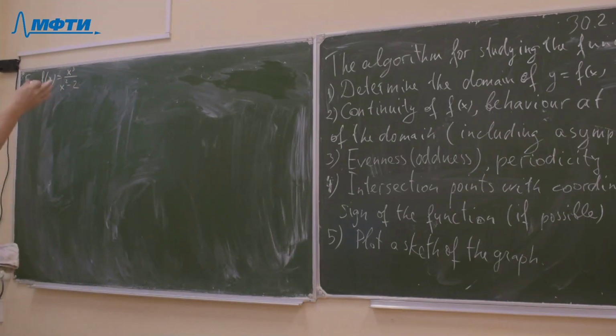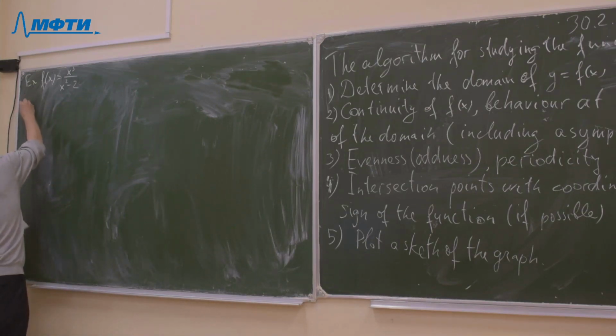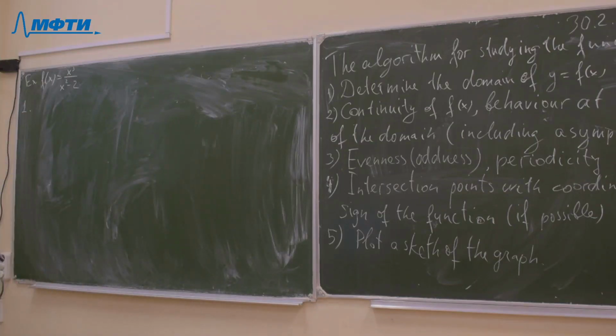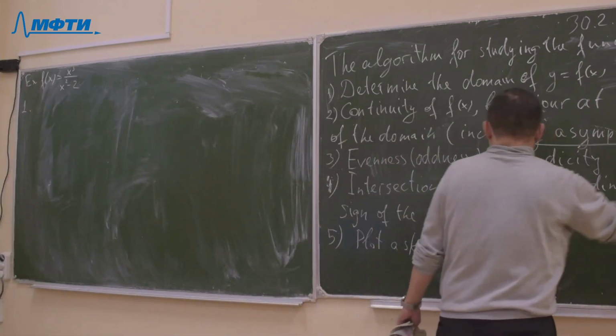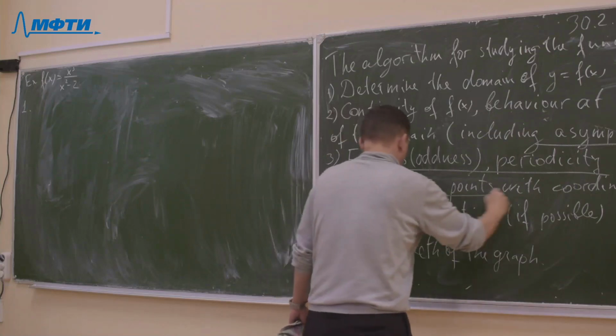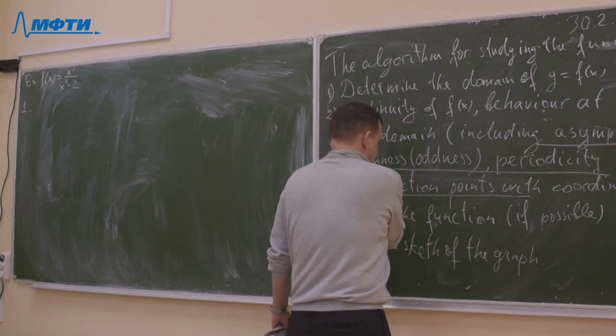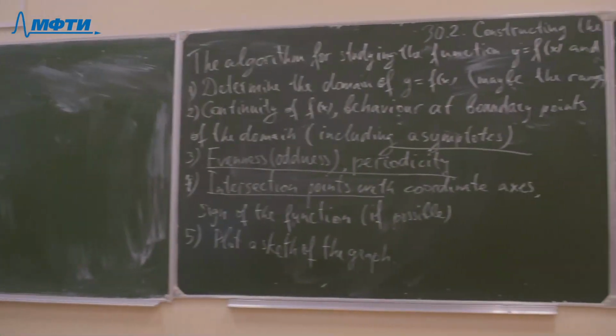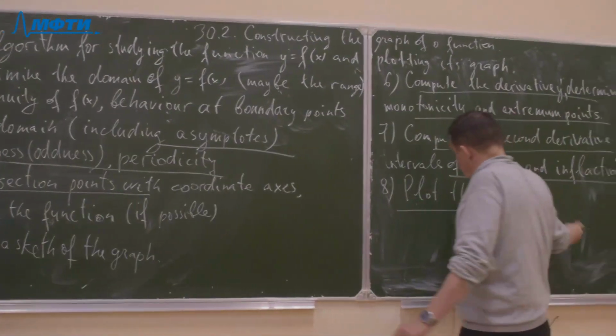I'll follow my version of the algorithm because, once again, it is not obligatory, but asymptotes, evenness, oddness, periodicity, intersection points, those things should be done in any case.